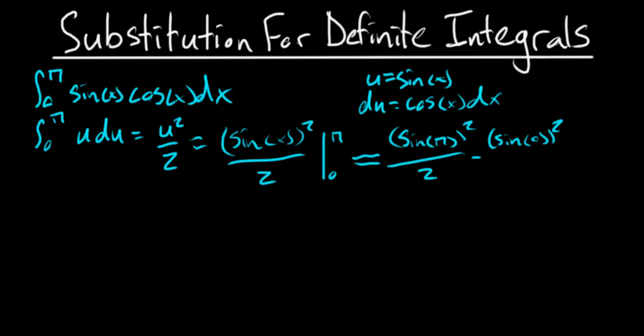And this is where it's really nice to know your unit circle from pre-calc, so you could solve problems like this. Sine of pi is actually equal to 0. And sine of 0 is also equal to 0. So look at that. We have this complicated problem, the integral from 0 to pi of sine of x cosine x dx, just to find out that its answer is 0.